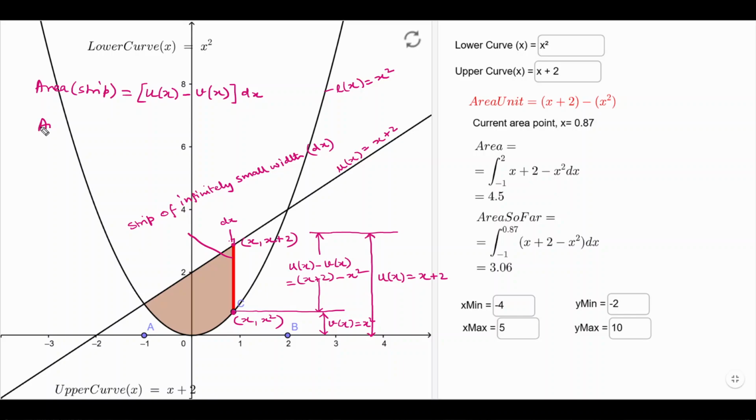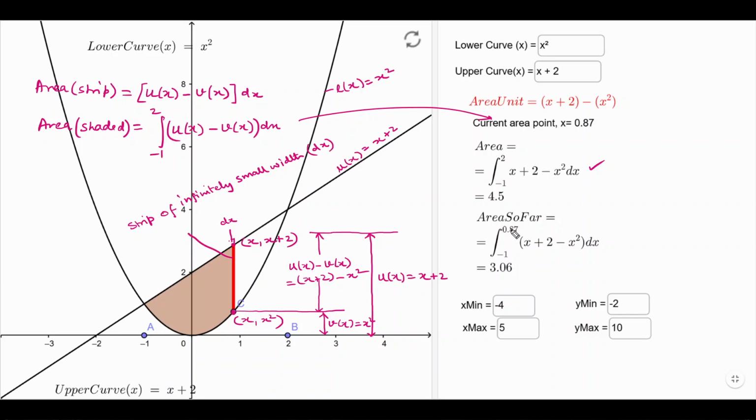So the area of the shaded portion, not the strip this time, we need to add all of the areas of the strip from -1 to 2. And this will be the integral of u of x minus v of x dx. And that's what they have done here. So we integrate this and then we'll be able to get our area.